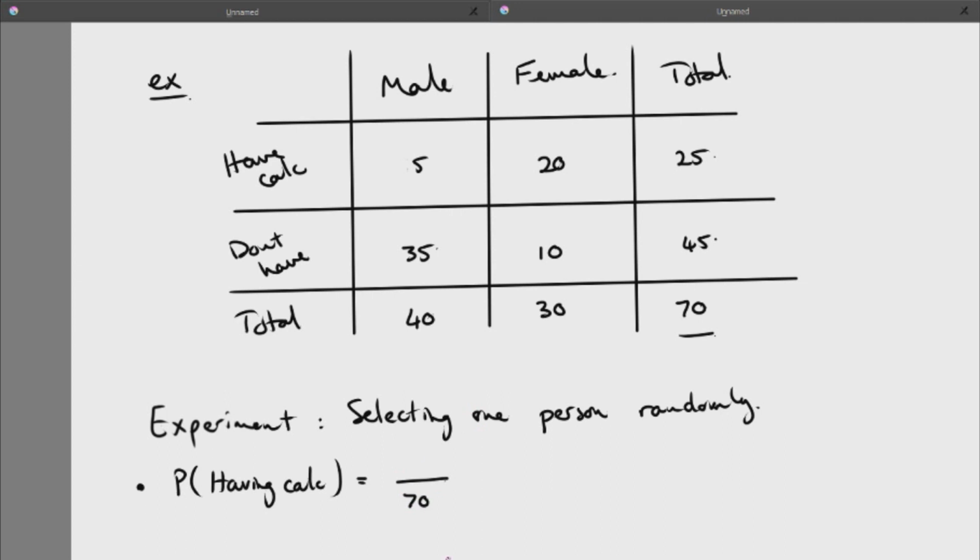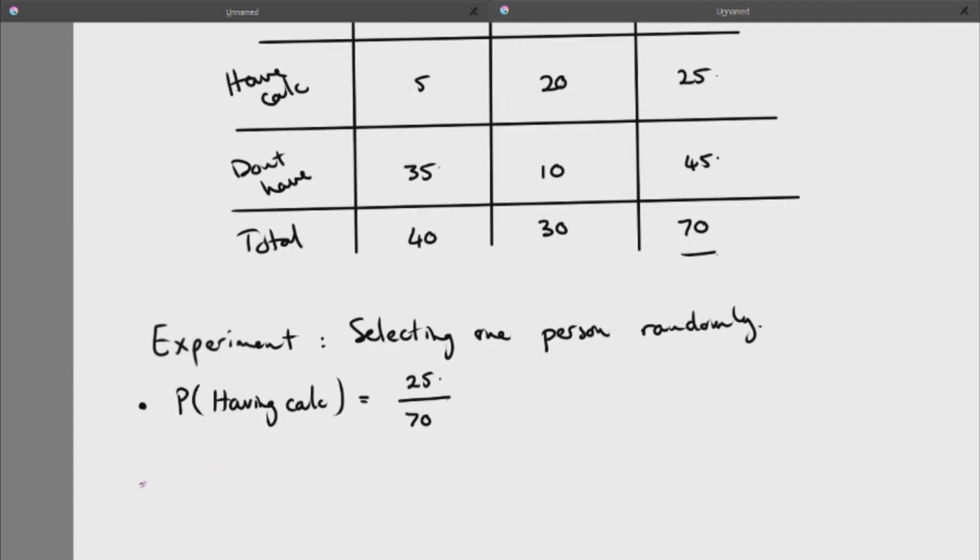And now I look at my table, how many people satisfy that having a calculator requirement? 25. So because the table is completely filled in, it's as simple as just picking the right numbers. Okay, that's good. Everyone with me so far? Nothing too bad. Basic probability.